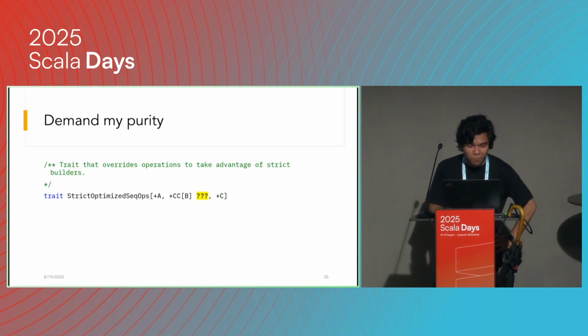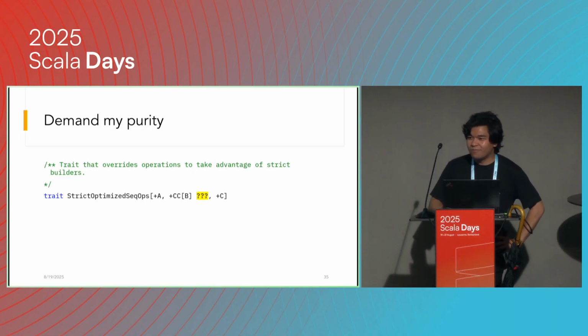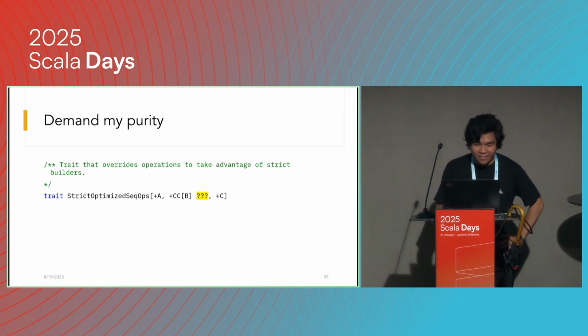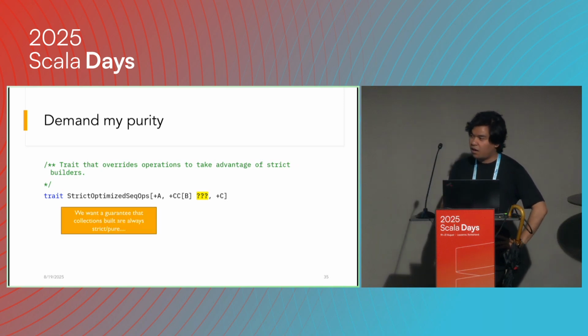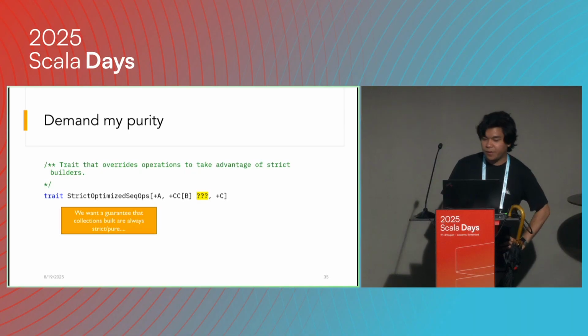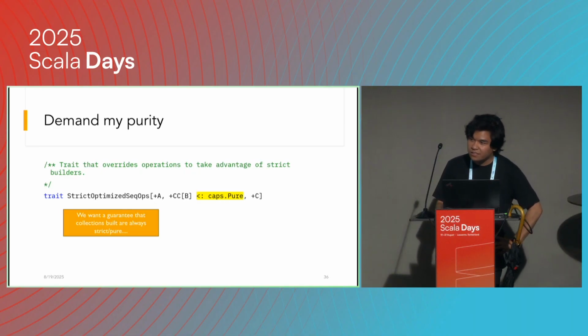And we didn't have a bound on this thing before, so I'm happy nothing went wrong. But now with capture checking, we can put a guarantee here that the collections built are always strict or pure, which is just an upper bound on caps.Pure.